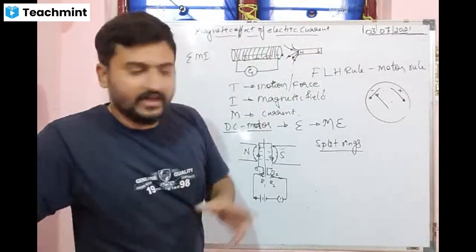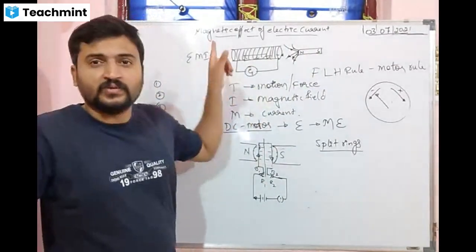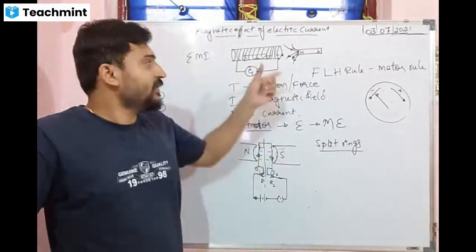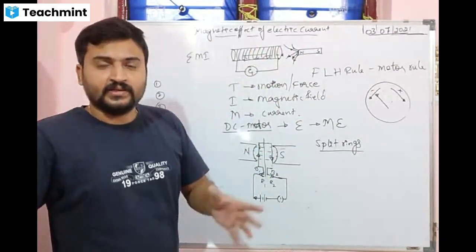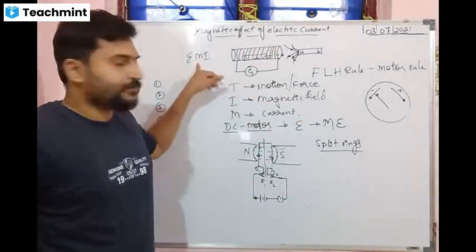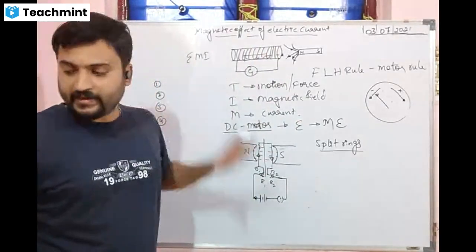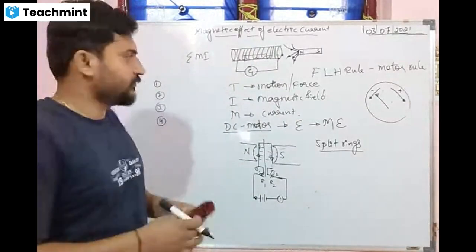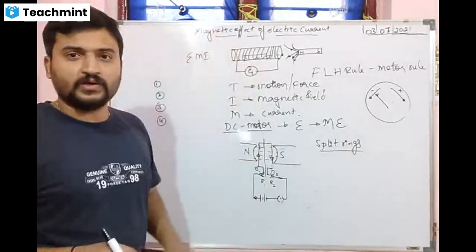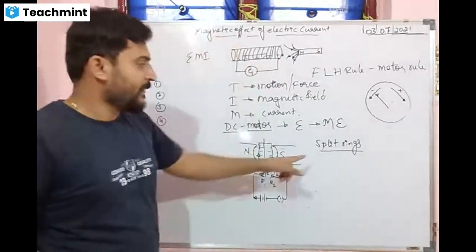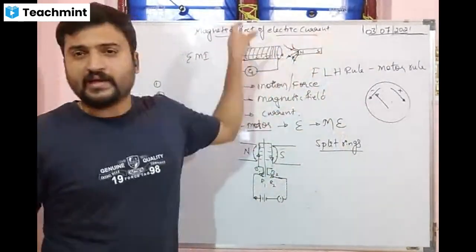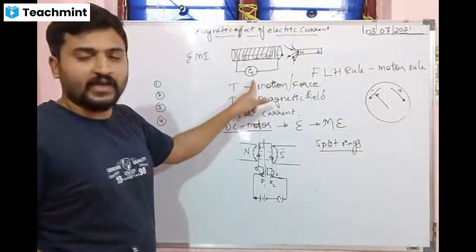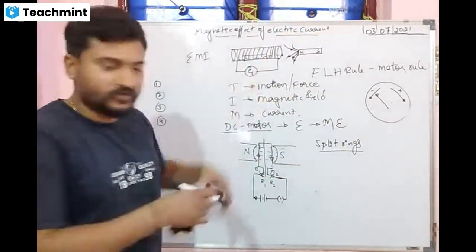Electromagnetic induction means when the link between the magnet and the conductor changes, it induces electric current. This phenomenon is called electromagnetic induction. So here we have converted mechanical energy to electric energy, the reverse process.